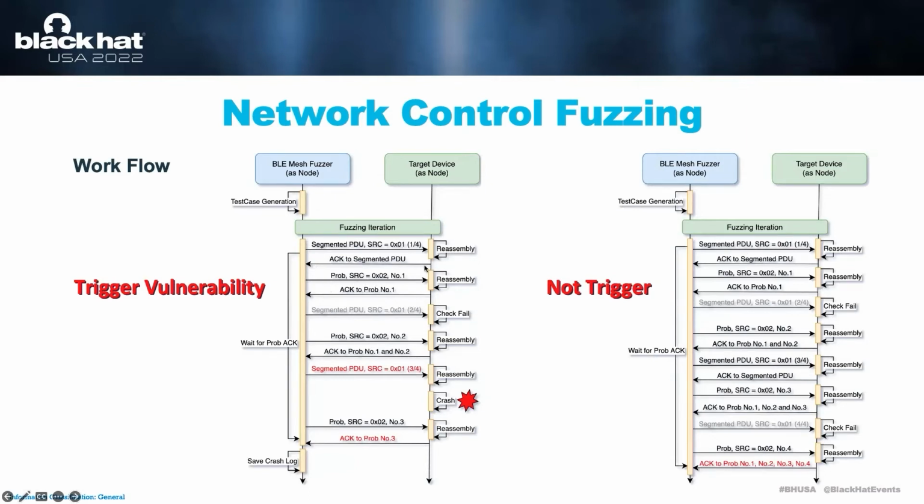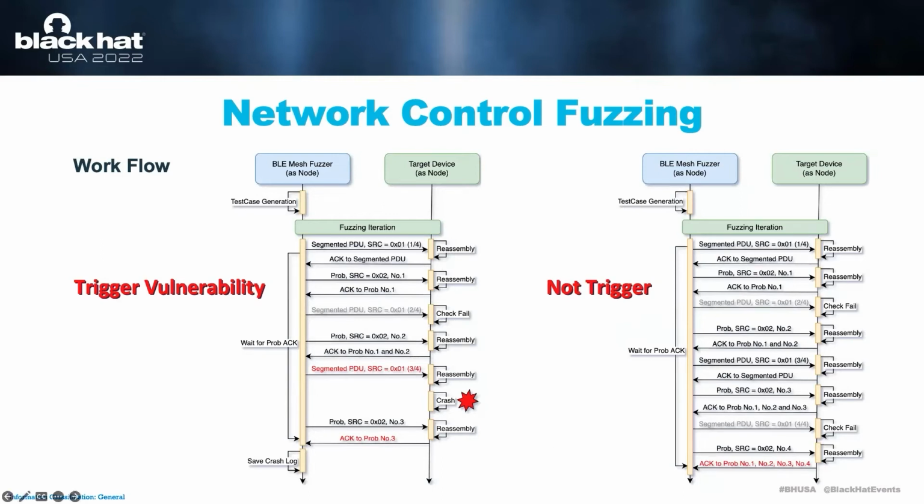And we can see that the target device responds with ACKs to both the segmented packet and the probe. That's correct. And next, the fuzzer sends the second segmented packet, but this packet is not accepted by the target device. So no ACK to this packet will be sent. But we do not care. That's okay. And the fuzzer received the ACK to the probe. So we know that the target device works fine.